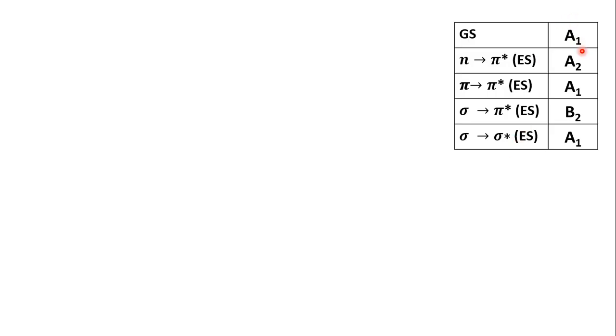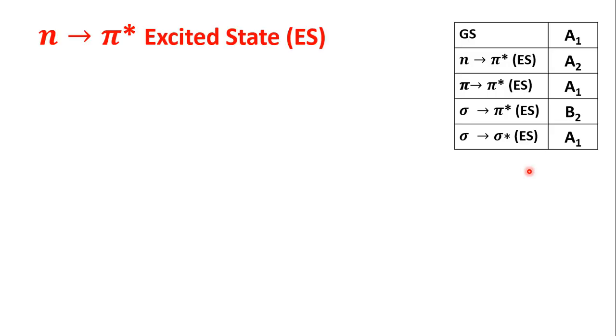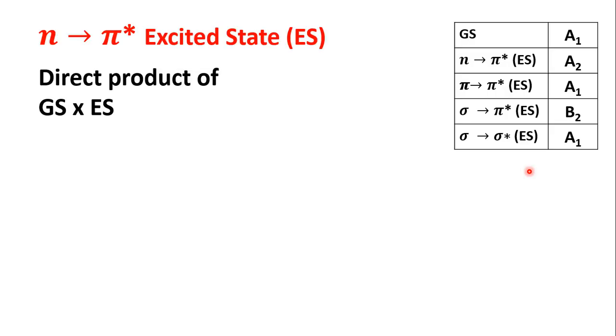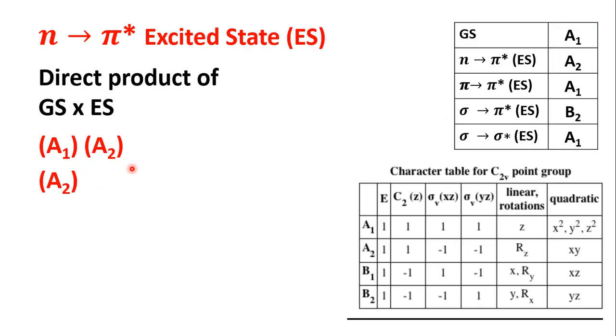Here in this table we find the symmetries corresponding to the various ground states and excited states which we have discussed so far. If we take the n to pi star excited state, we have to take a direct product of the symmetries of the ground state and excited state. The symmetry of the ground state is A1. For the n to pi star excited state, the symmetry is A2. If you take the direct product, we get A2. Now we look at the character table. Corresponding to the A2 irreducible representation, look at the terms at the end.